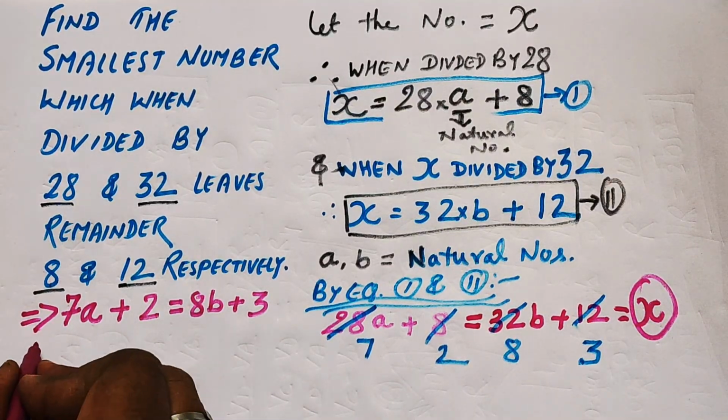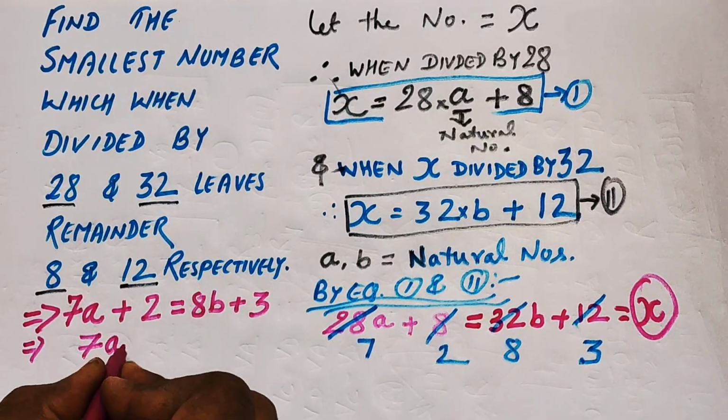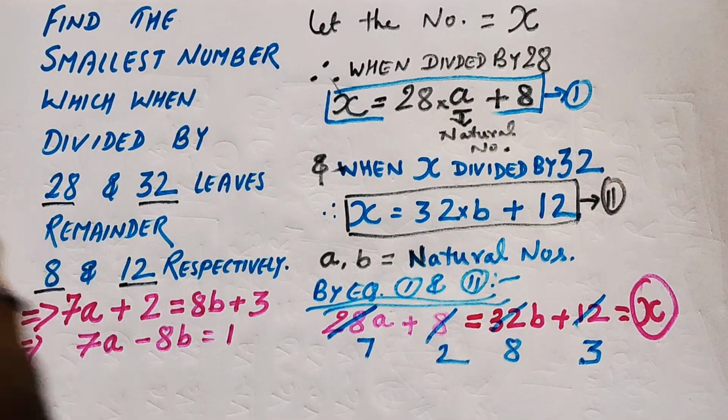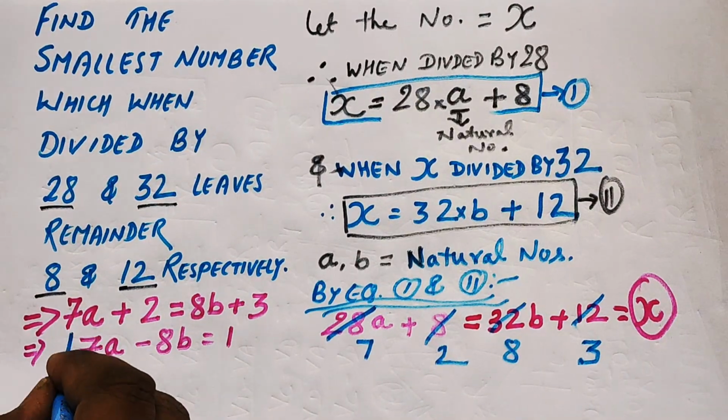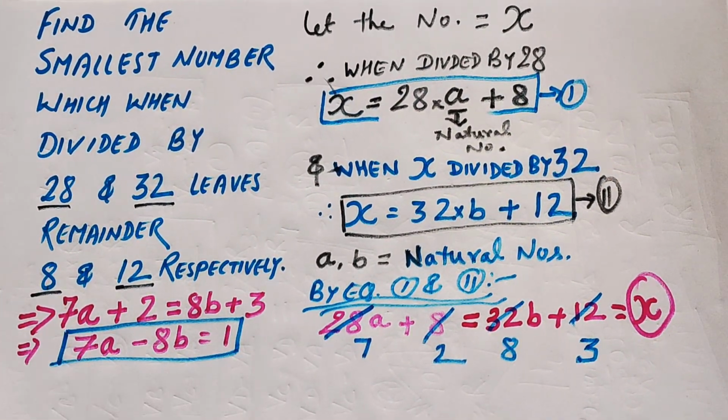Now this can be minimized when constants are taken to one side, then 7a minus 8b is equal to 3 minus 2, which is 1. So this is the relation which is derived in the form of a and b, right?